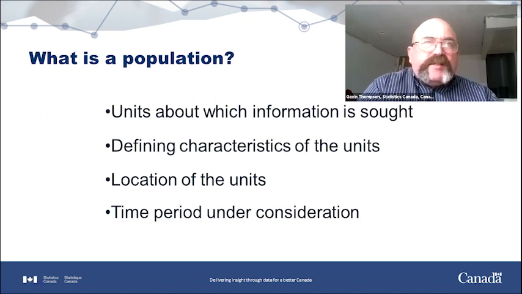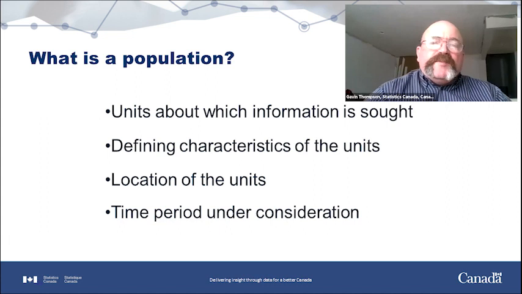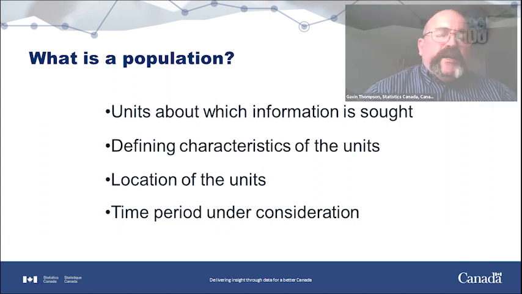So some countries' censuses look for people who live in a certain place, and some censuses look at who's in that country at that date. So there's slight differences. You need to know the defining characteristics of the unit. This is especially important on the business side, location of the units, and the time period under consideration. And we'll go through some examples in a couple minutes.